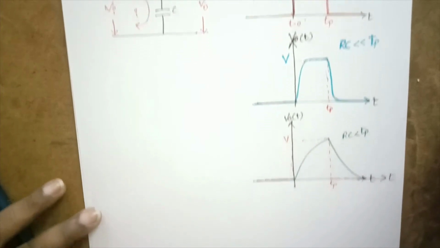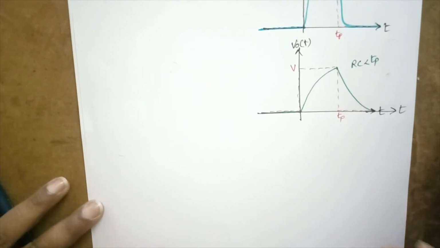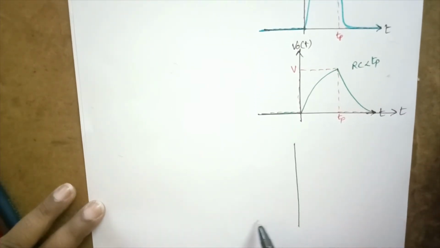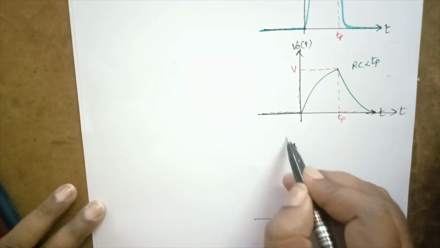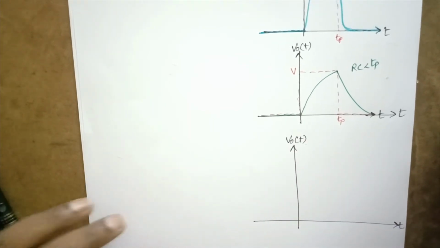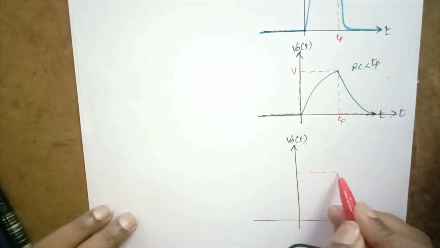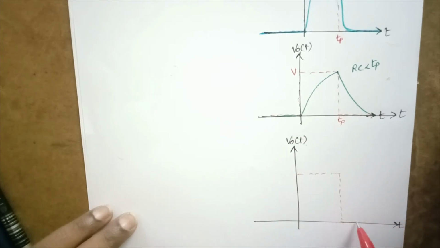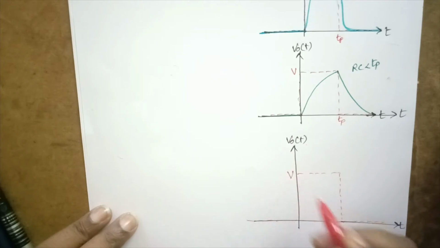Now one more I have taken. So this is t, this is V naught of t. The input I mention here just like this with the dotted line, and the peak voltage is V and the time is Tp.